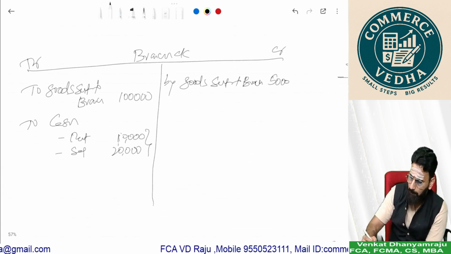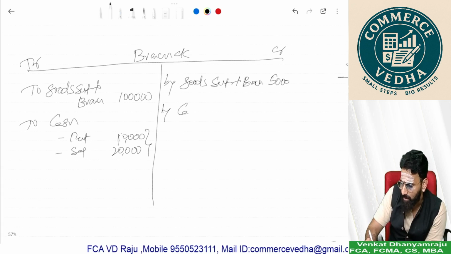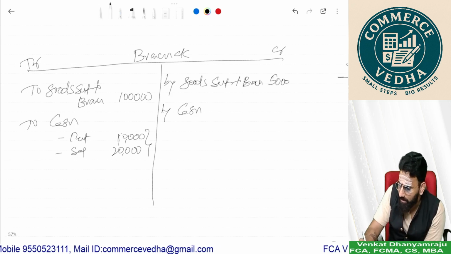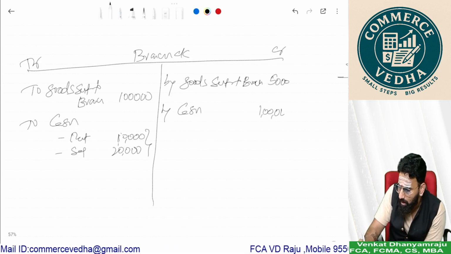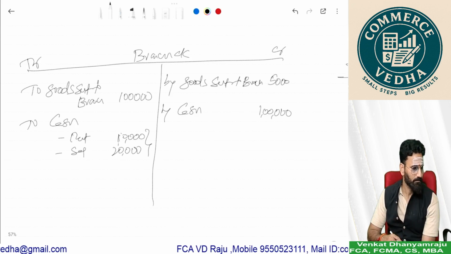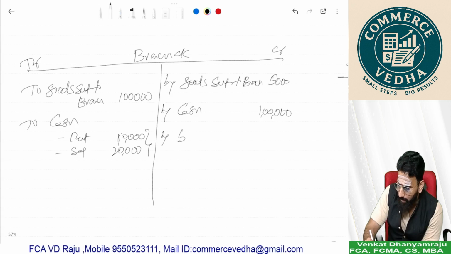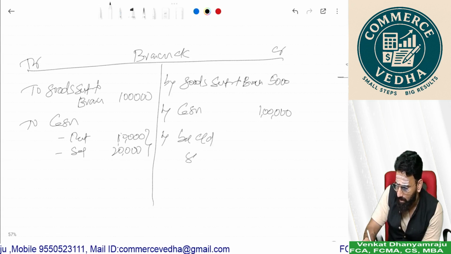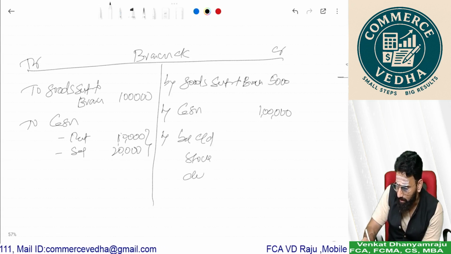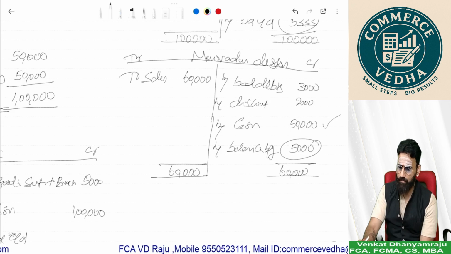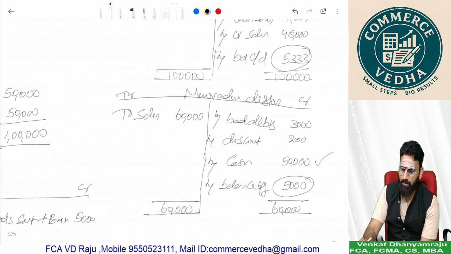And then by cash sent to HO. How much cash sent to HO? 1 lakh. Yes. And then by balance carried down, stock and debtors. We have the figures here. Debtors 5,000, stock 5,333.